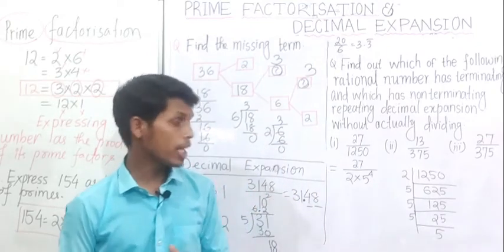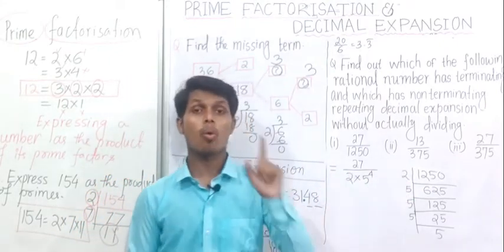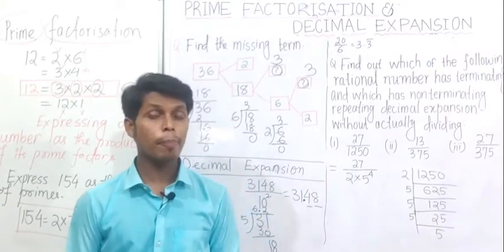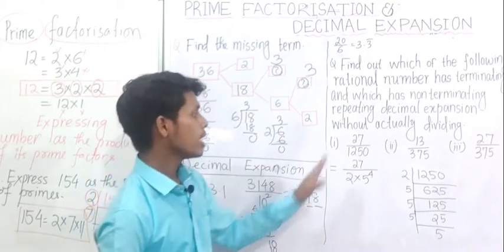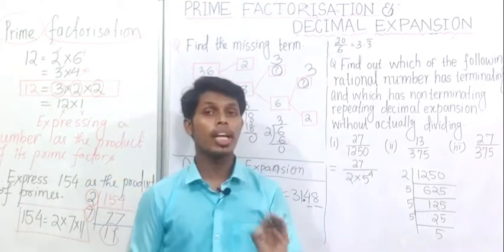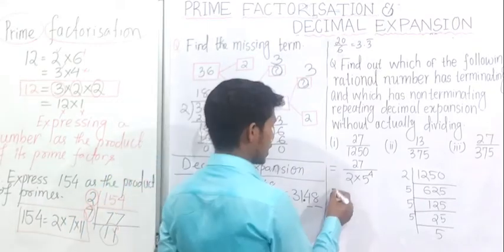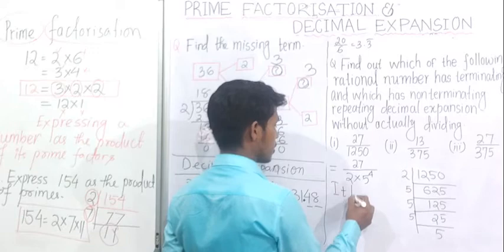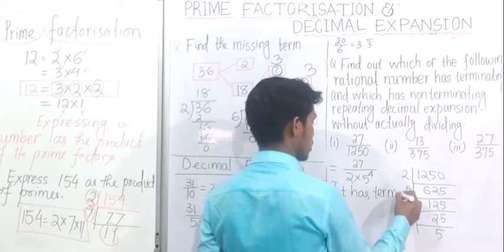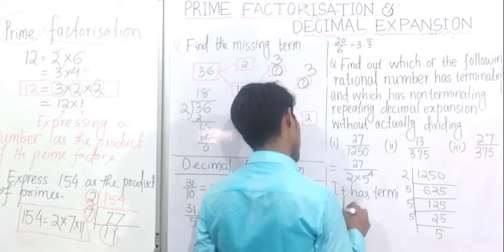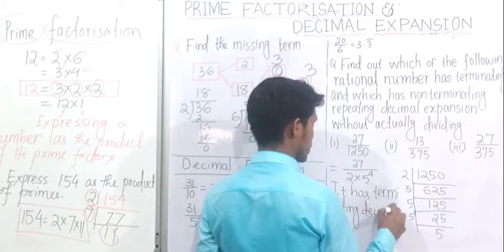Okay, again I am repeating, if the prime factorization of the denominator contains only 2 or only 5 or both 2 and 5, not any other prime numbers, then this rational number has terminating decimal expansion. Okay, very simple. We can write it as terminating decimal expansion.